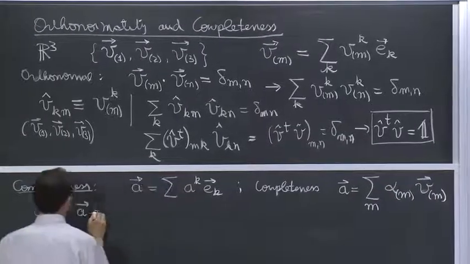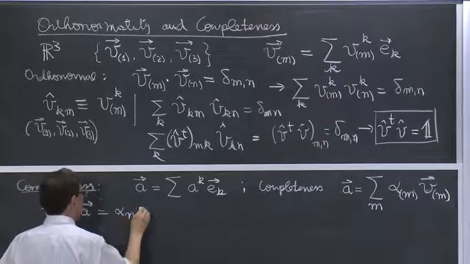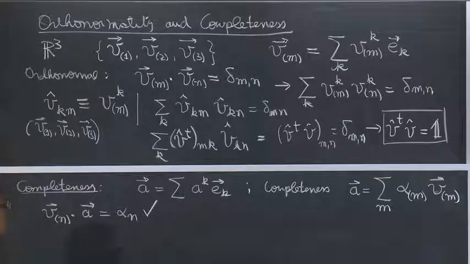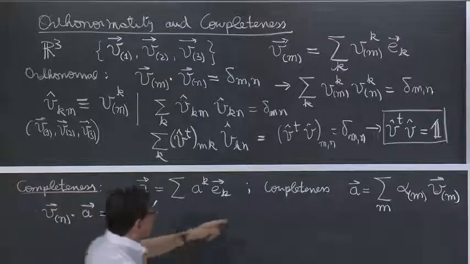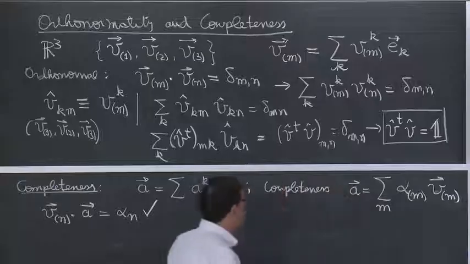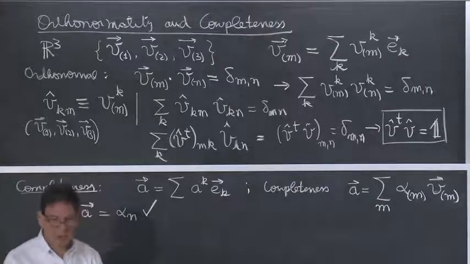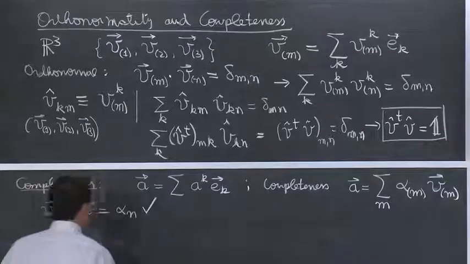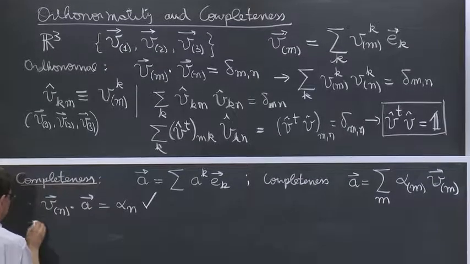So that determines alpha n. You've calculated alpha n. The next step is to substitute the value of alpha n in here and manipulate this equation until we get a condition. So let's do that.